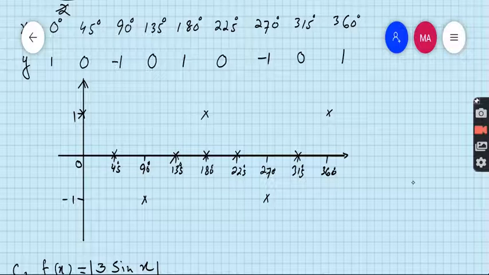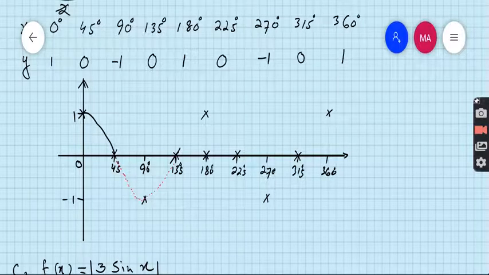So join all the points. First we have to join these two. And now for those points which are below the x-axis, we will draw a dotted curve like this, because this part is not needed.